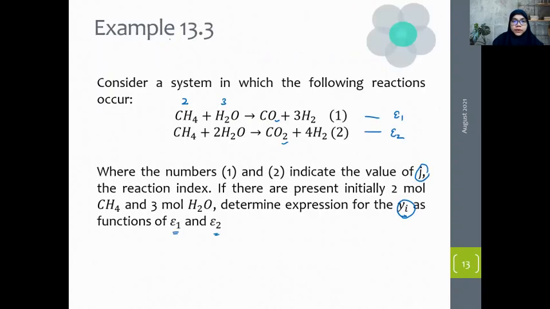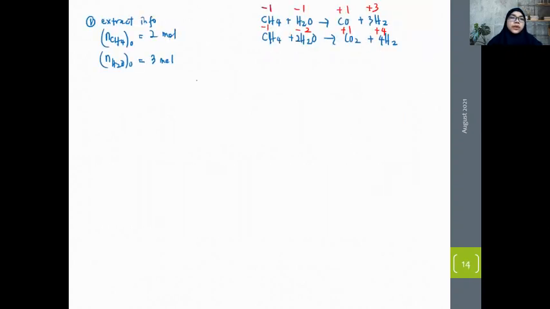Okay, let's confirm the values: 2 and 3. Okay, we have already extracted the information. The second step is to find the expression.